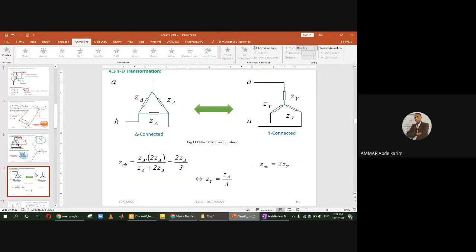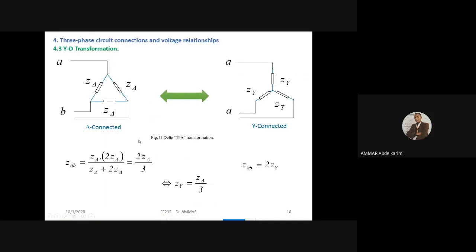Now let's see the transformation from Y to delta. We need this transformation, for example, when we have a load. Here, this is a delta connected load, and this one is a Y connected load.